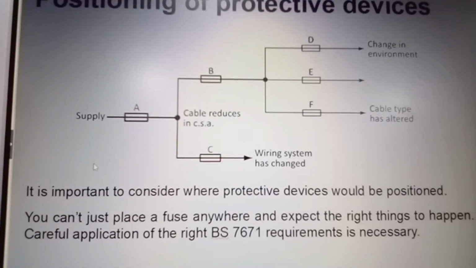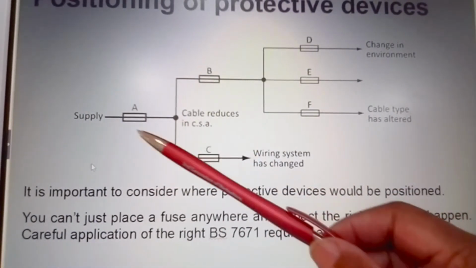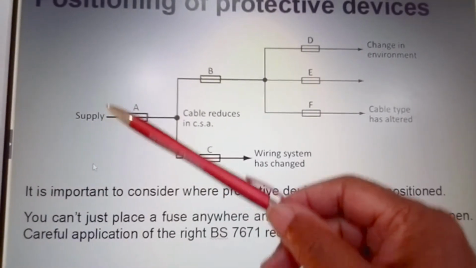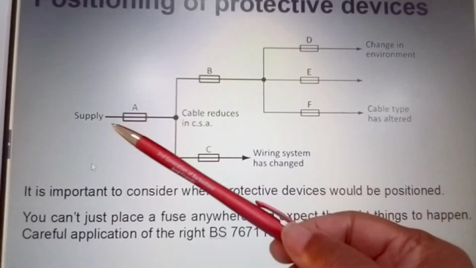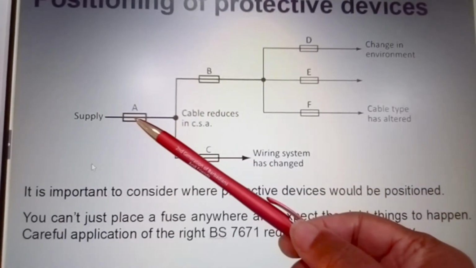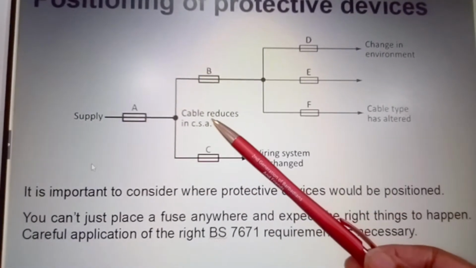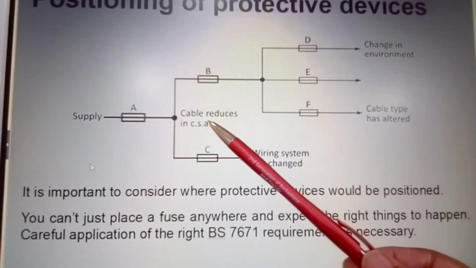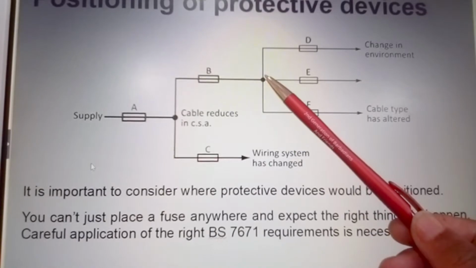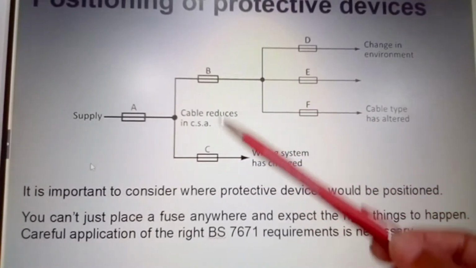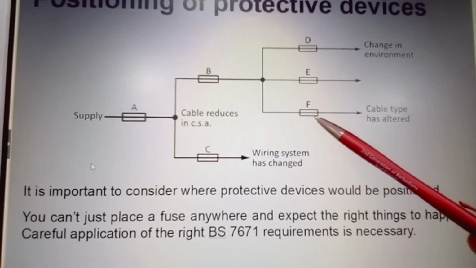So all we're saying here is that we've got our supply fuse A, and the cable reduces inside. So you may have 25mm cable coming in, or maybe a larger size, heavy armoured supply cable. The cable reduces in cross-sectional area because you're feeding a smaller unit system, but it still must be capable of handling the supply that you're trying to feed here.